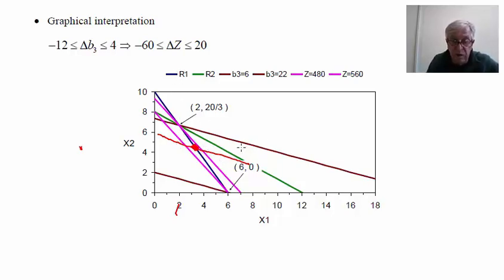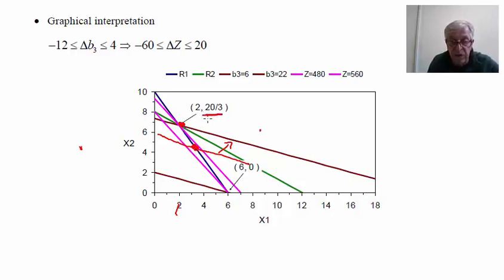When we increase the availability, essentially we are moving the boundary of restriction number 3, until it crosses another vertex, this point here. The optimal remains defined by the same restrictions until we arrive at that point.